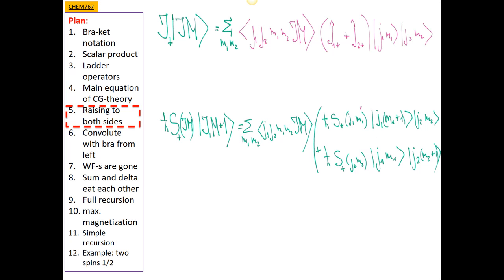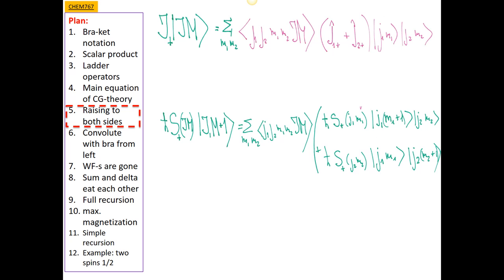To save time, I will not open the definition of the prefactor until the very last minute, because S plus minus is much shorter than the square root. Applying J plus, we get S plus, which is not an operator anymore. It is a factor.